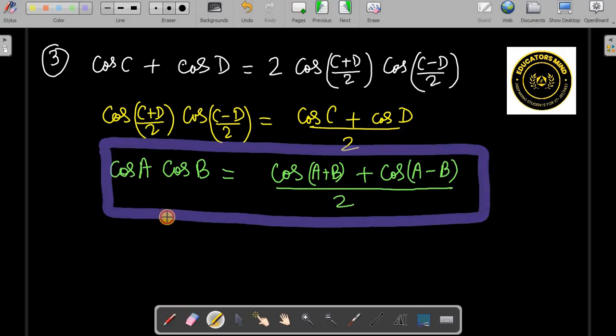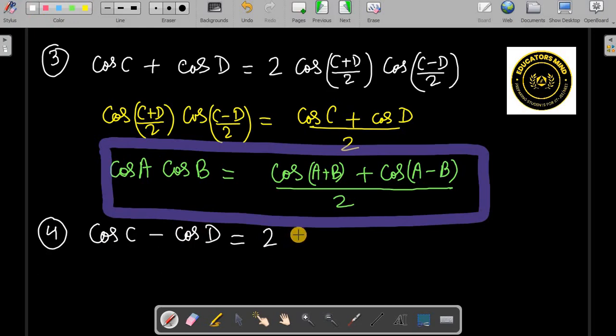Then next, the fourth is cos minus cos. So cos C minus cos D is 2 sine (C plus D) by 2 and sine (D minus C) by 2. This is what is important.